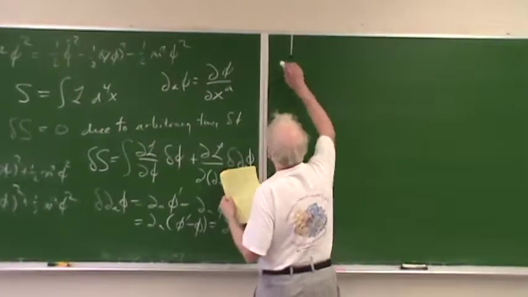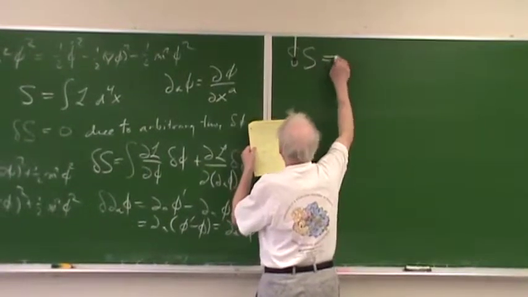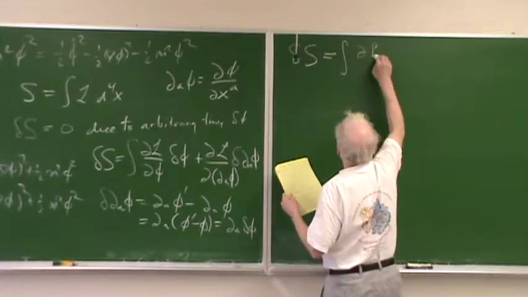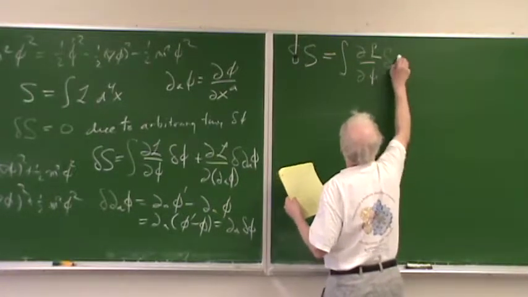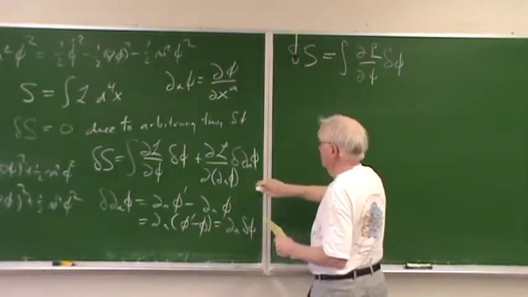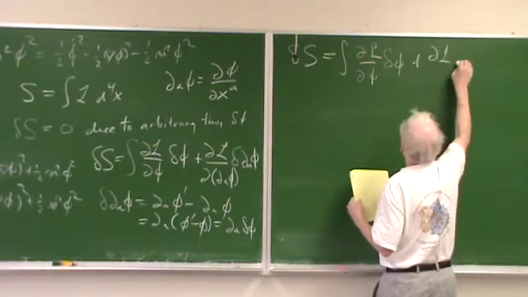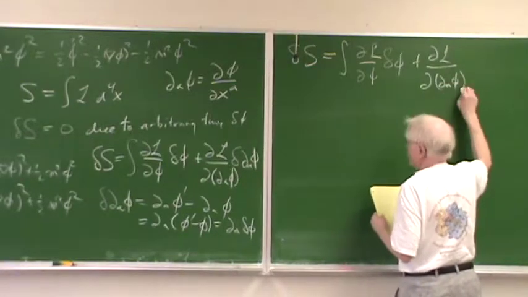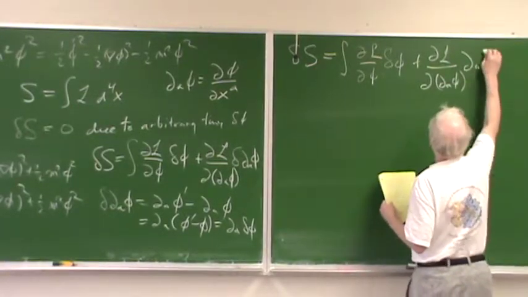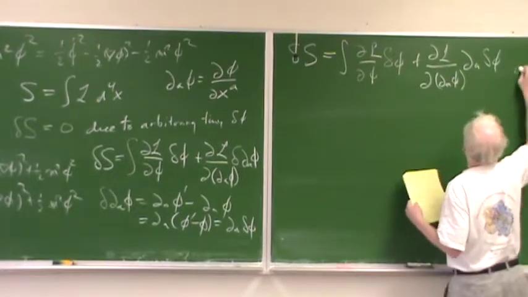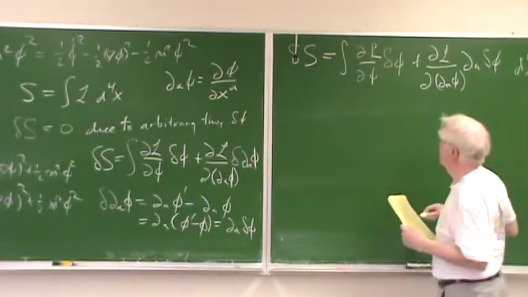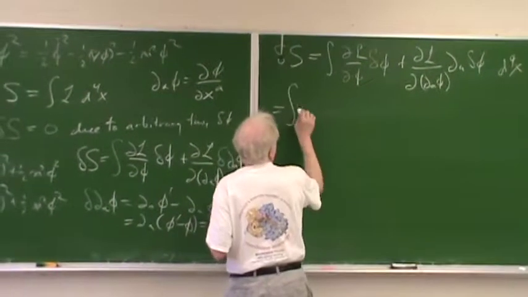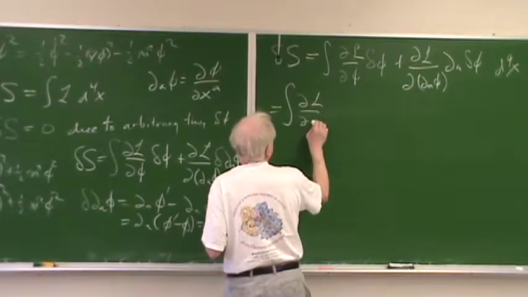All right, so the change in the action then is an integral of ∂L/∂φ times the change in φ, plus this term, which is ∂L/∂(∂_a φ) times ∂_a of δφ, and all that times d⁴x. And now we do our usual integration by parts.